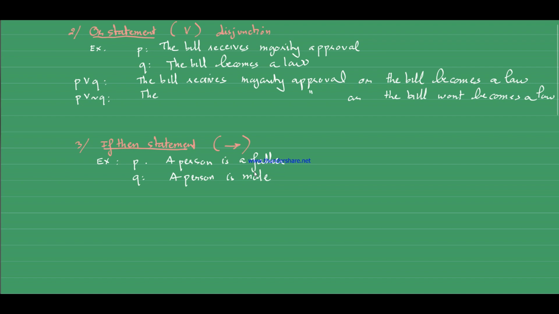So I can write the if and then statement, P implies Q. You can write like this: if a person is a father, then the person is male. If the person is a father, then the person is male. So this compound statement is true.